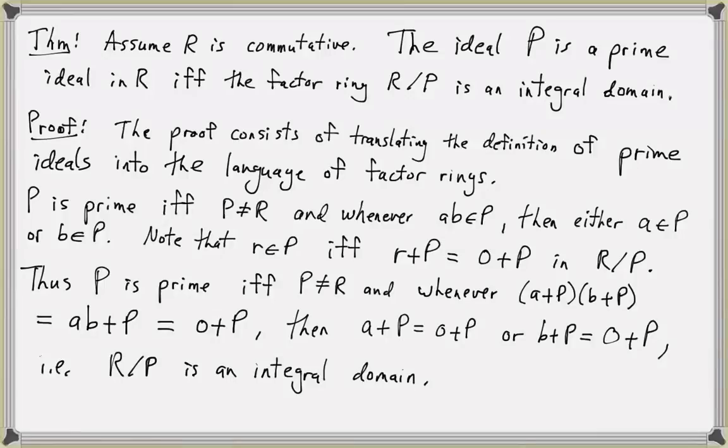That is, it has no zero divisors. So whenever a product equals 0, then one of the two factors has to equal 0. So I see that an ideal P is prime in R if and only if R mod P is an integral domain.